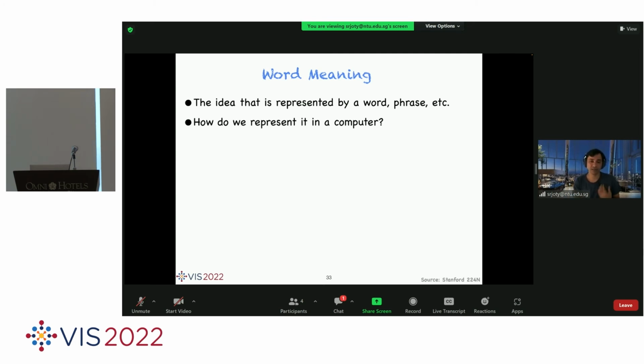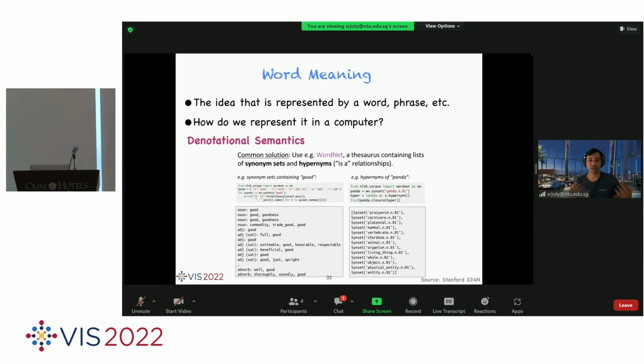Now there are several ways to do that. The traditional way is to use denotational semantics, where the idea is to represent the meaning of a word in terms of other similar words or other related words. So we'll be using lexical resources like WordNet, where you represent the meaning of a word in terms of other words, like synonyms or hypernyms.